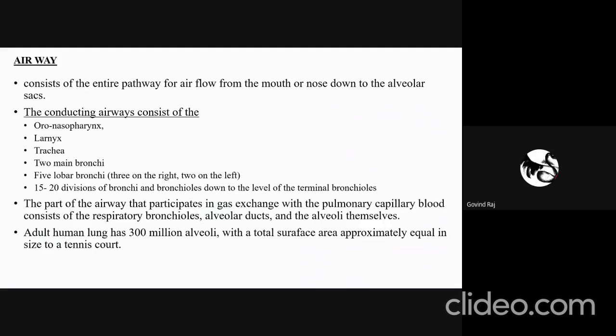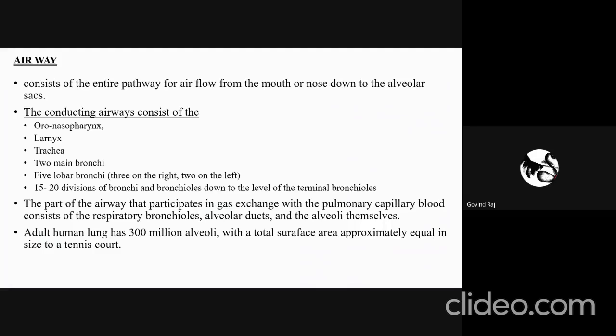The part of the airway that participates in gas exchange with the pulmonary capillary blood consists of the respiratory bronchioles, the alveolar duct, and the alveoli themselves. These three portions are the active portions where gas exchange takes place.